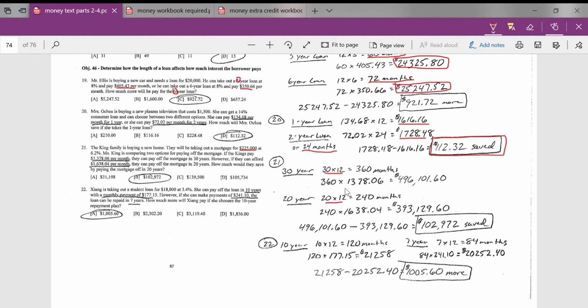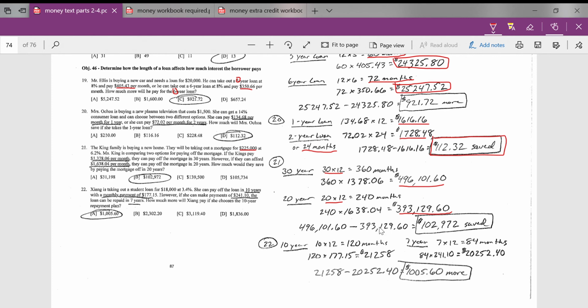You multiply times that monthly payment for that situation, so it would end up costing over $496,000 for 30 years. The 20-year would be around $393,000. So they ask how much would they save.